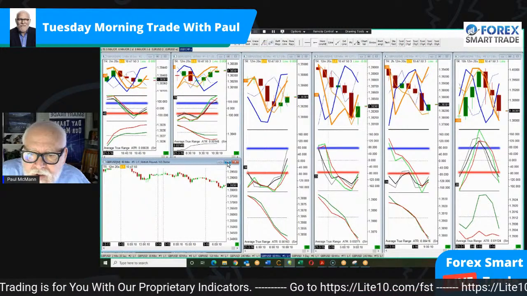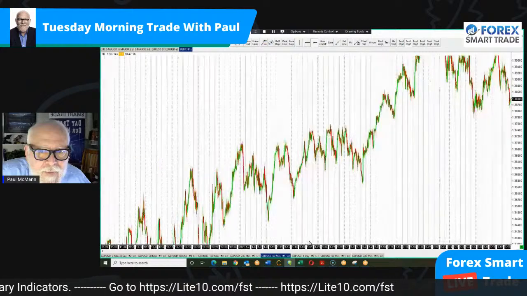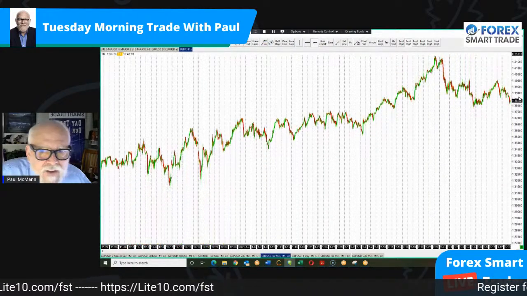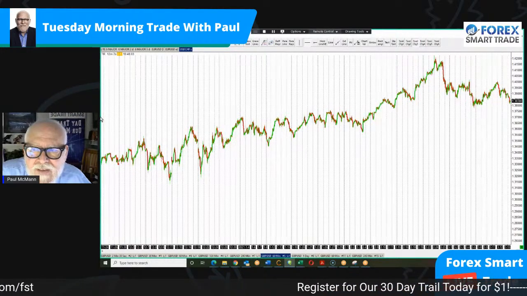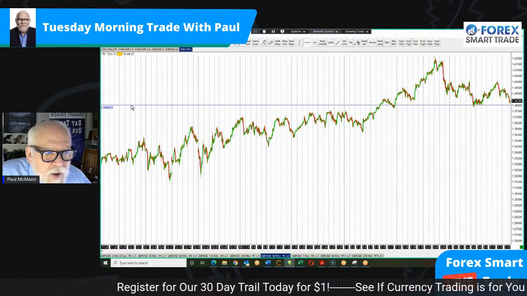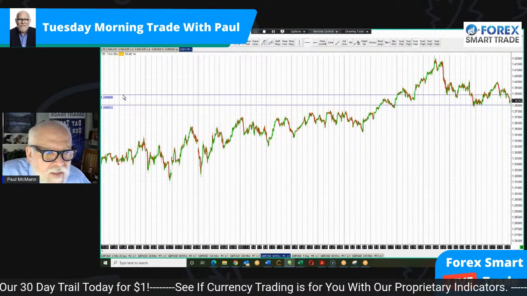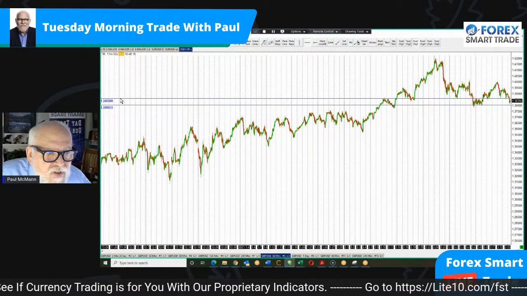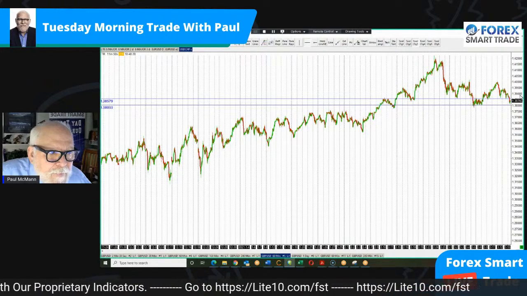Next thing I want to take a look at is where the support and resistance are. So I'm going to crunch this up a little bit so I can see it better. On a chart that I trade a lot, I will already have this put on there. Support and resistance are spots where the candles naturally stop. So I'm looking for spots where the candles naturally stop.